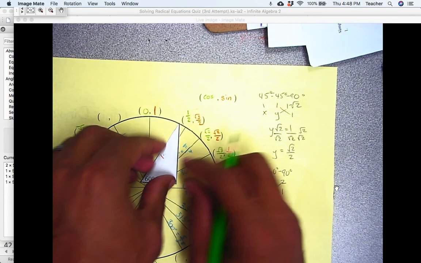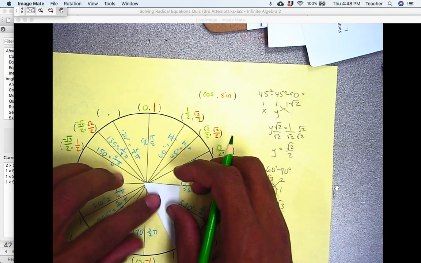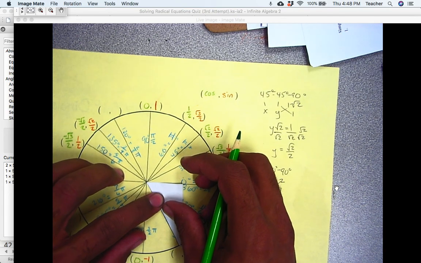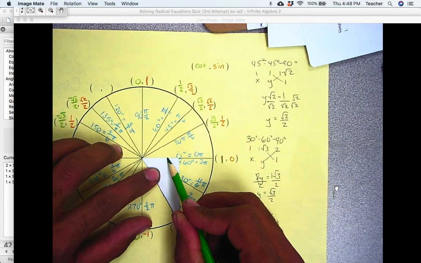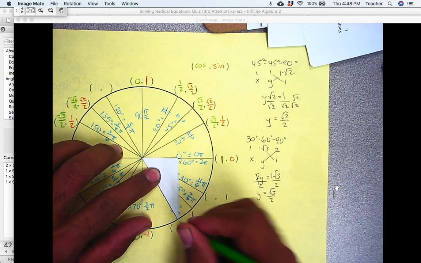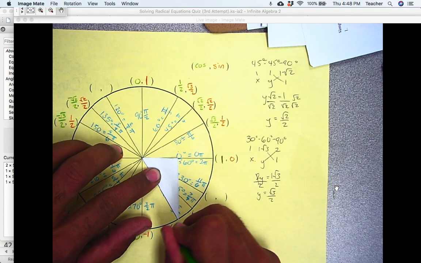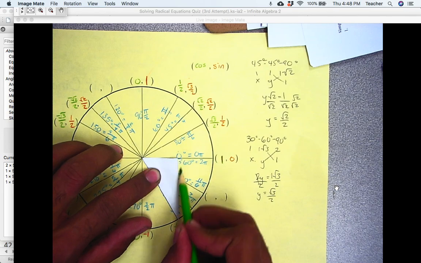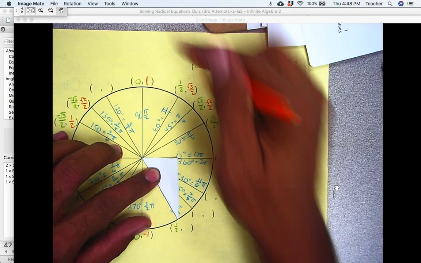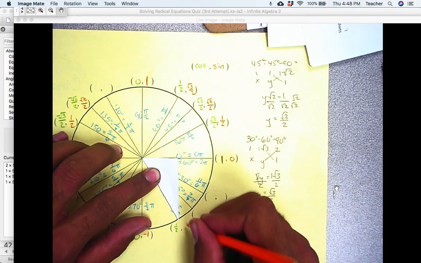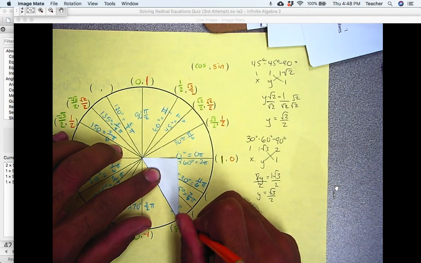Flip that over and let's go down here this time. On a 30, 60, 90 triangle this side is 1/2, so the x value at this point is 1/2, and that's positive. But if I go down on the y, it's the same thing as up here, rad 3 over 2, but now it's negative because the y value is negative down here.